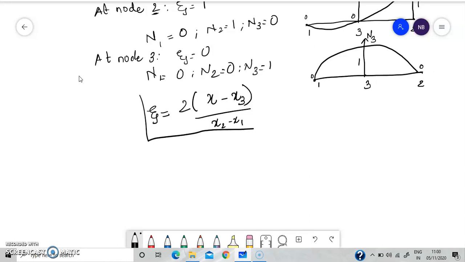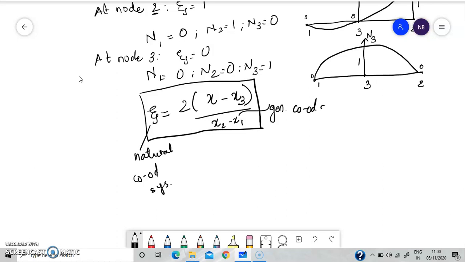So the conversion from the natural coordinate system, zeta is the natural coordinate system, and this is the general coordinate system, is given by this formula.